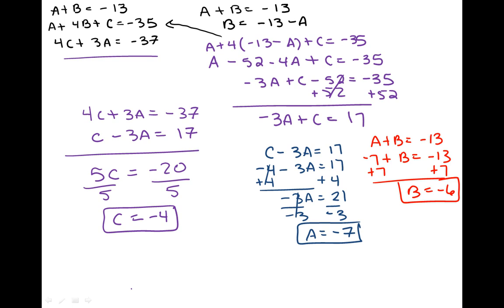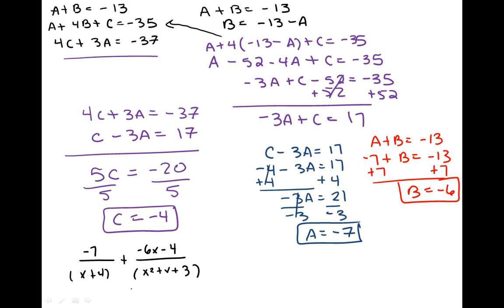So we know that A, which is negative 7 over x plus 4, plus Bx plus C over x squared plus x plus 3 is our partial fraction.